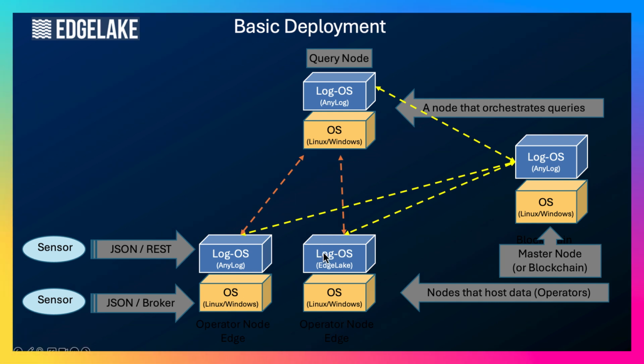Each node that actually has the data returns the data in parallel. So I'm not depending upon a single instance of a database to return it. I could literally have hundreds or thousands of devices returning data simultaneously. So my query performance is extremely quick compared to a cloud-based data service.